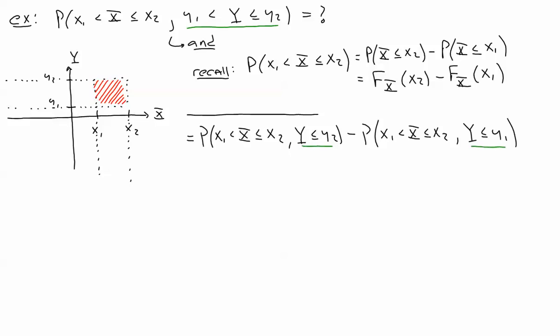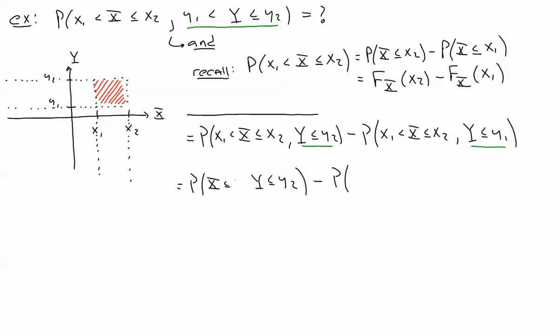All right. I can do the same thing. I can break it up the same way for the x random variable. And this becomes, that should be sub 2.